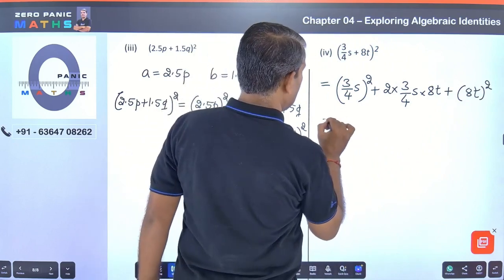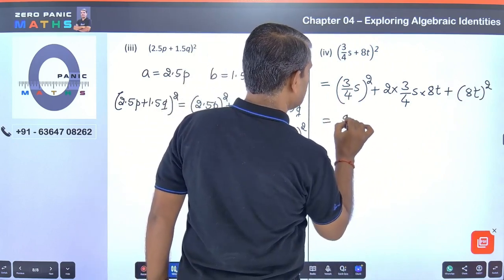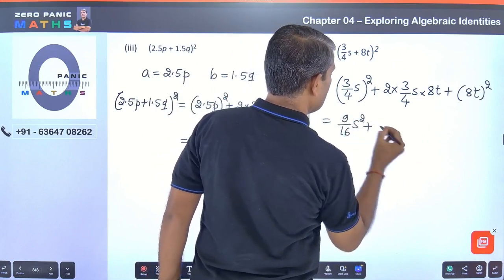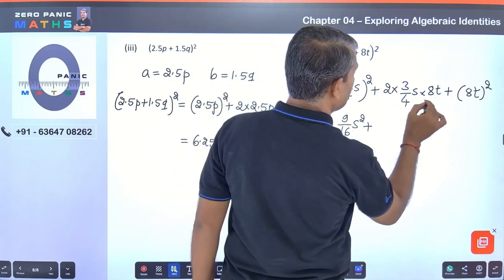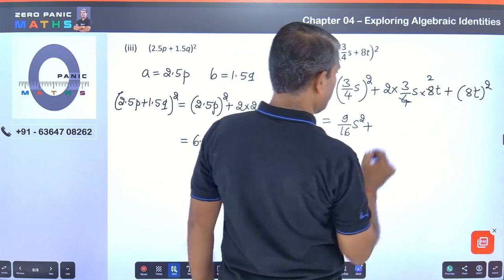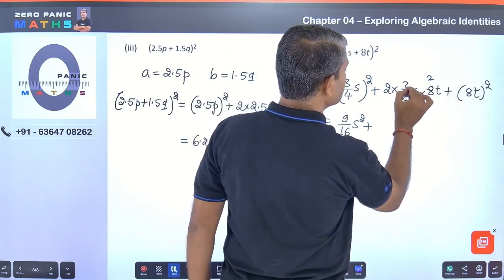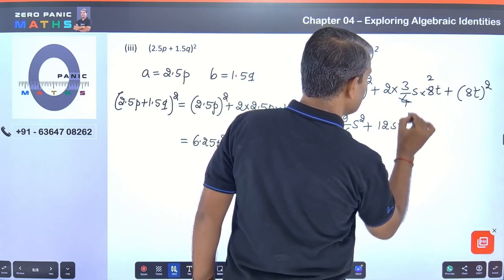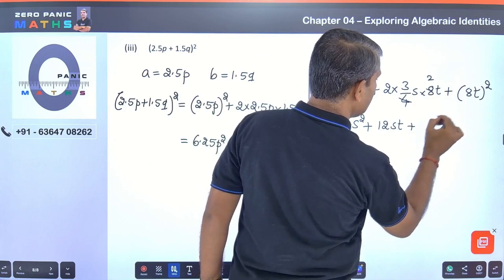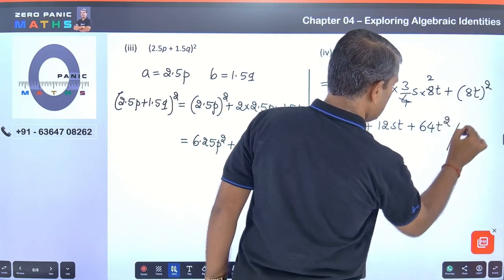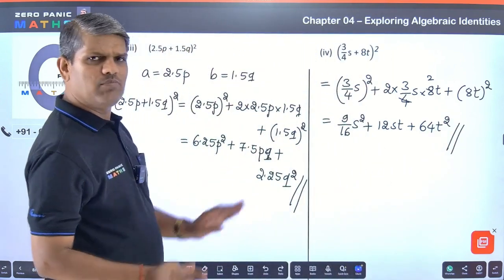Now 3 square, that is 9 by 16 s square. And if there is anything getting cancelled, just cancel it. 4 ones are 4, twos are. 2 threes are 6, 6 twos are 12, that is 12 s into t, that is st. 8 eights are 64 t square. So simple.